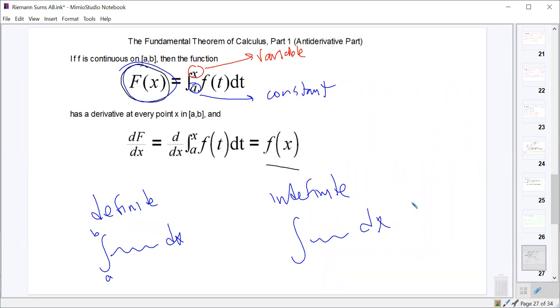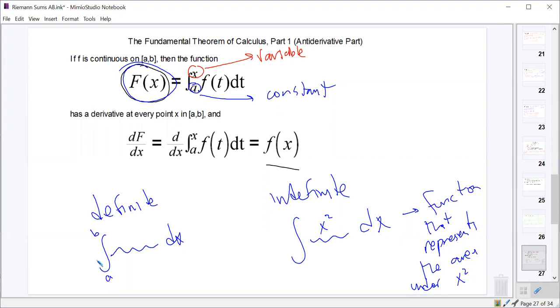What the indefinite integral is doing, and that's what we're going to deal with a lot in the next week, is saying, take my function, let's say x squared dx. When I take the indefinite integral of that, I am getting a new function that represents the area under x squared.